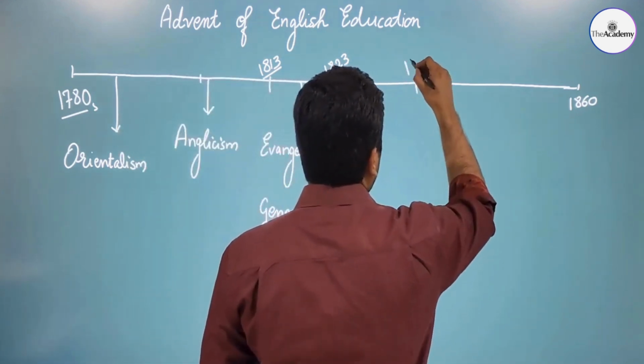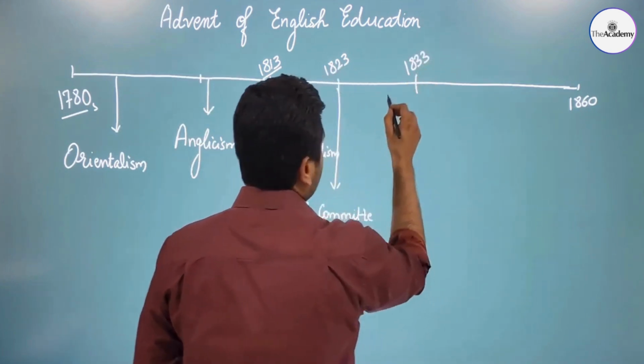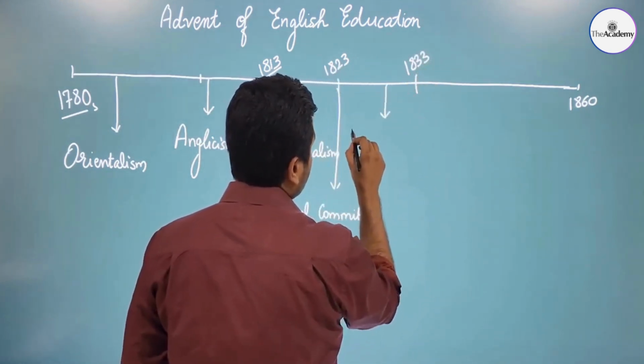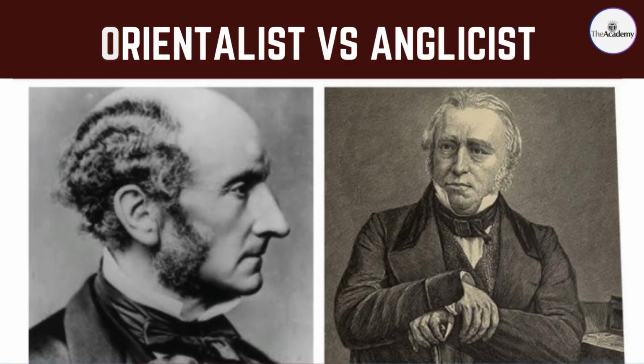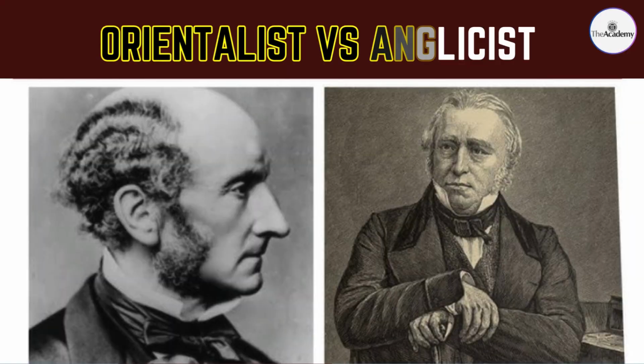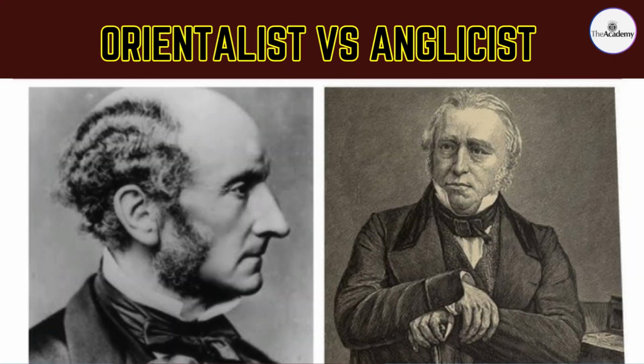1823 till 1833 is characterized by Orientalism, the Orientalist versus Anglicist debate.